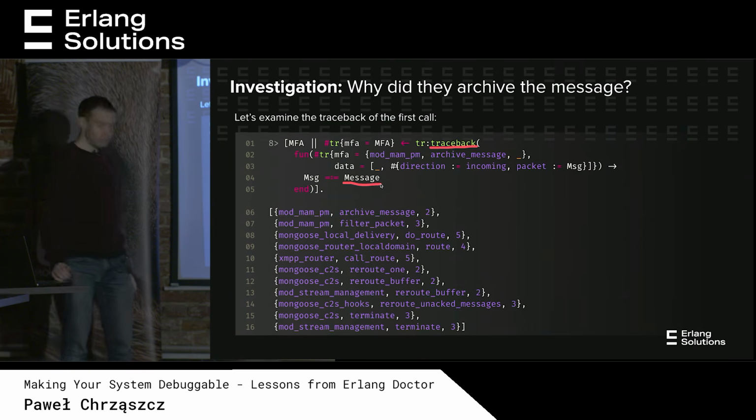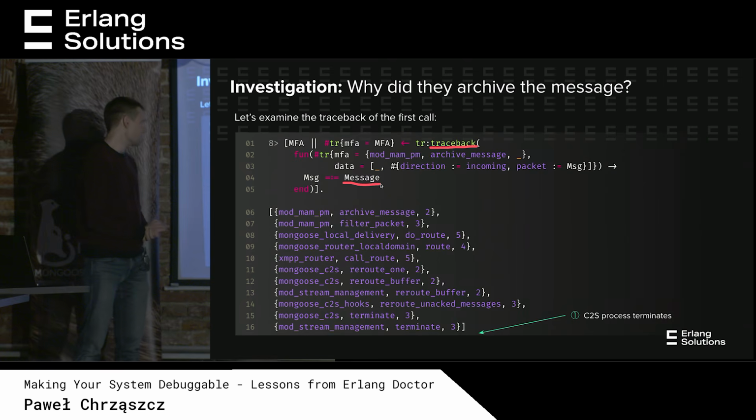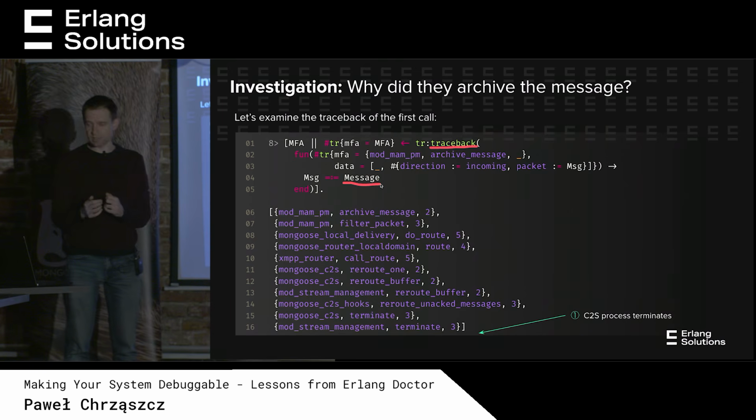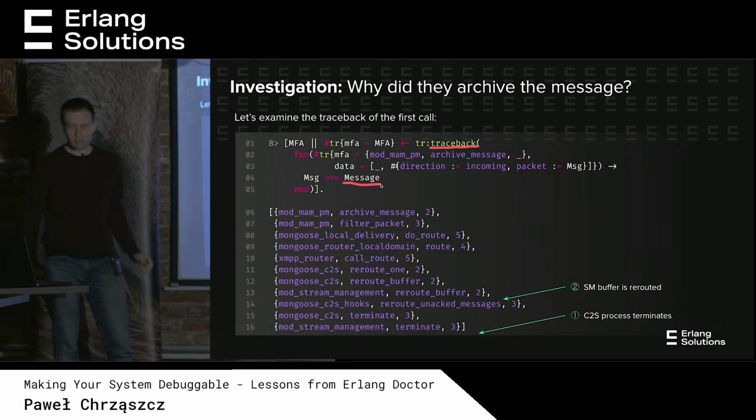So from the bottom, from the beginning, firstly, the so-called C2S process terminates. What is a C2S process? It's a process responsible for client to server communication. Sorry, client session process, that's what I meant.